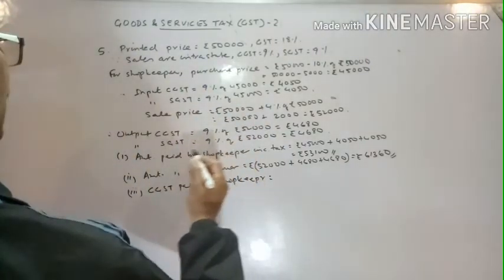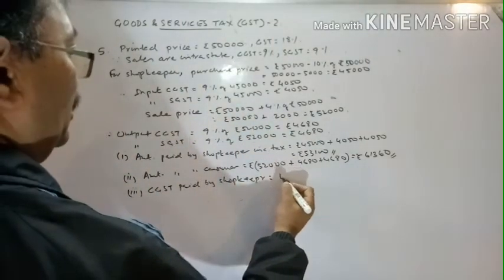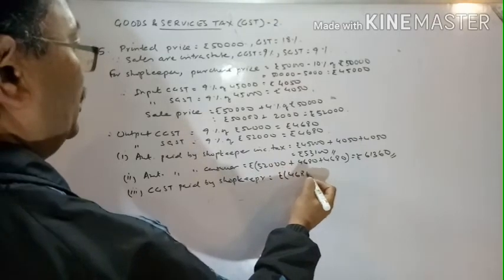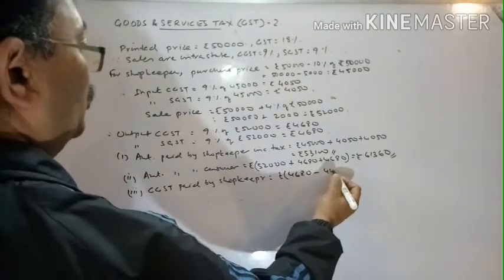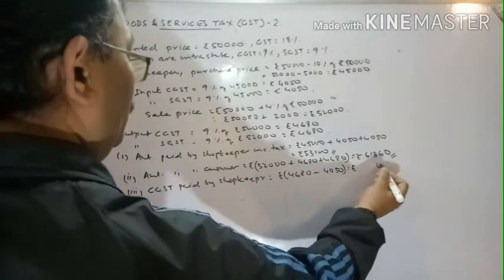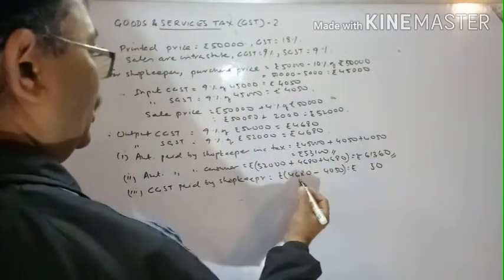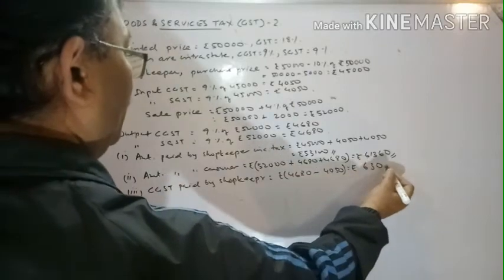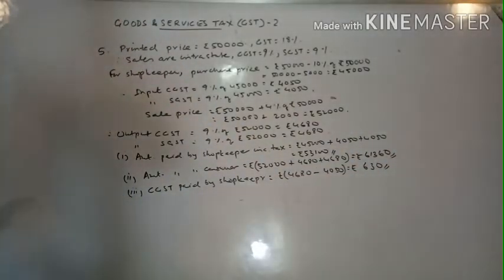Output CGST is rupees 4680 minus input 4050. So that is rupees 630. Okay, so that is CGST.